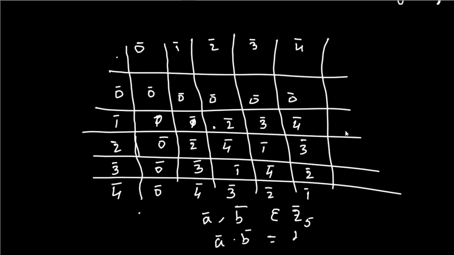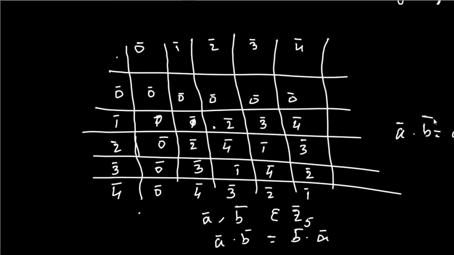This means that a dot b is equal to b dot a, which means abelian. Under multiplication we want to check its commutativity. And also we check whether a dot b is equal to 0.